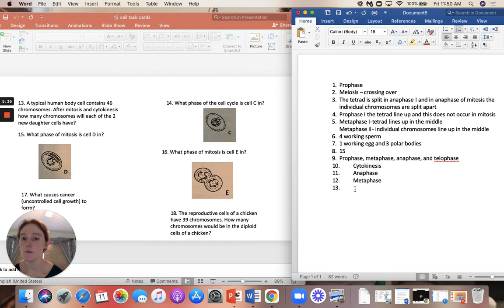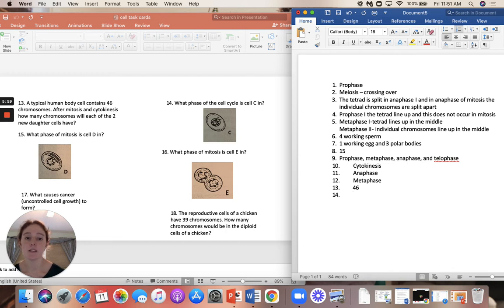A typical human body cell contains 46 chromosomes. After mitosis and cytokinesis, how many chromosomes will each of the two daughter cells have? So we're just going through mitosis here. We're not talking about meiosis. They should end up with 46 chromosomes in each one of the new daughter cells.